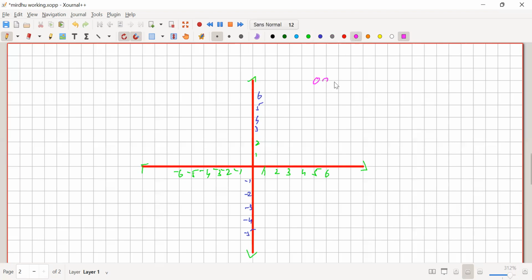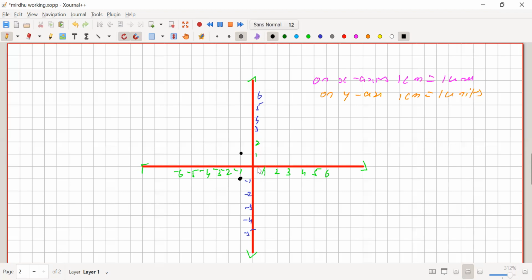Scale would be like this. On x-axis, 1 centimeter equal to 1 unit. On y-axis, 1 centimeter equal to 1 unit. We got minus 1 comma minus 1, so the point would be this one. Then minus 1 comma 1, this point.